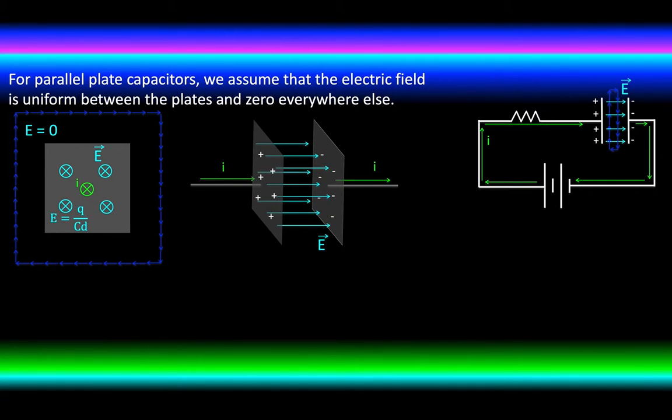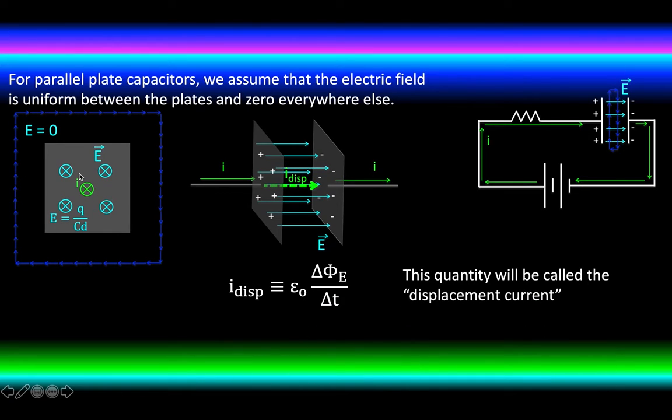Now, for parallel plate capacitors, as I said, we assume the electric field is 0 everywhere except between the plates. So this quantity that kind of looks like a current but isn't truly a current, I call a displacement current. Displacement current is defined as the rate of change of electric flux multiplied by epsilon naught.